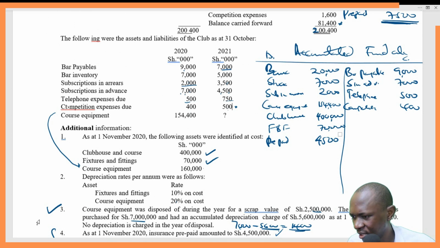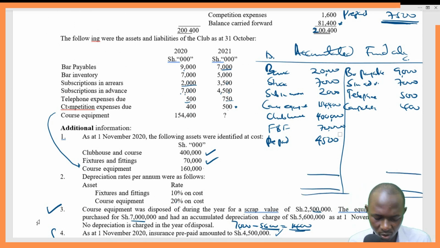So let's see how it balances. This is 20,000 plus 7,000 plus 2,000 plus 154,400 plus 400,000 plus 70,000 plus 4,500.